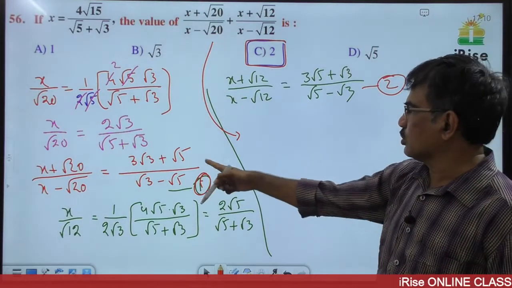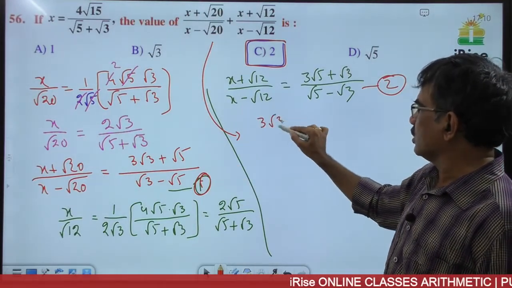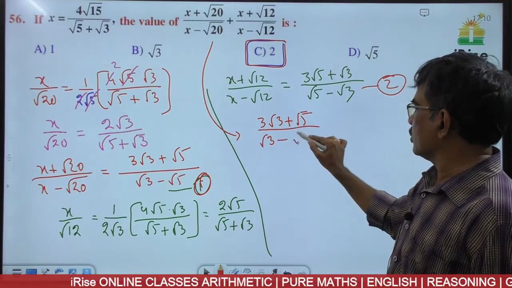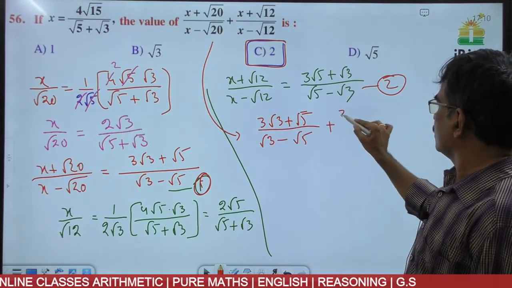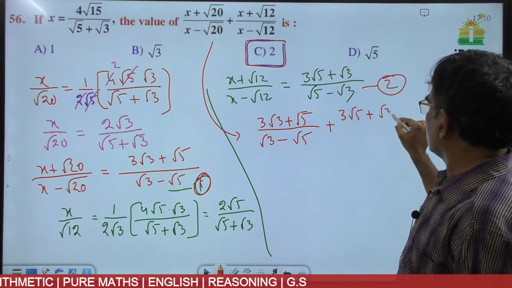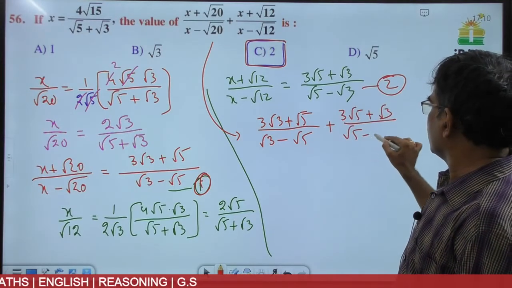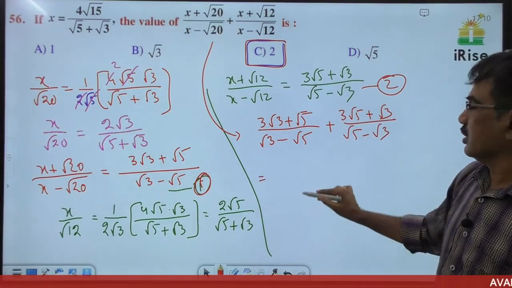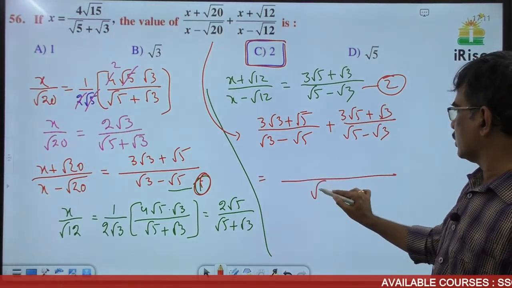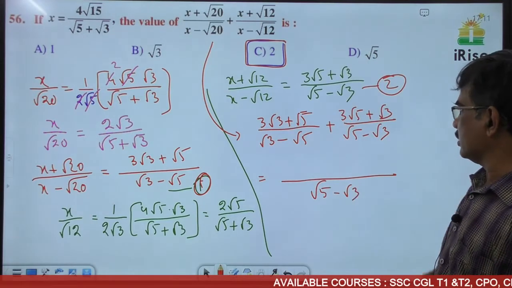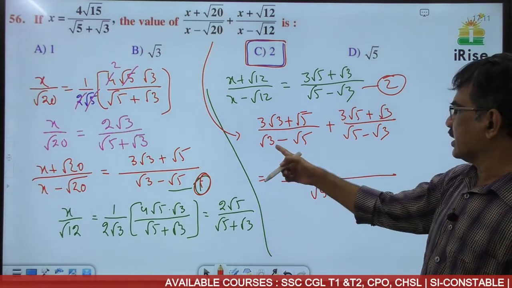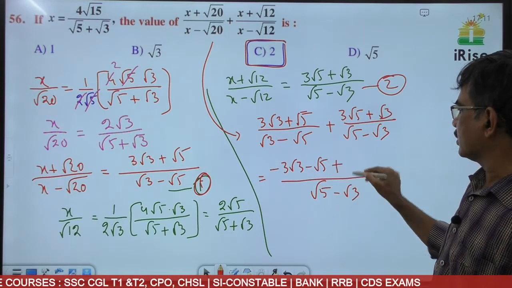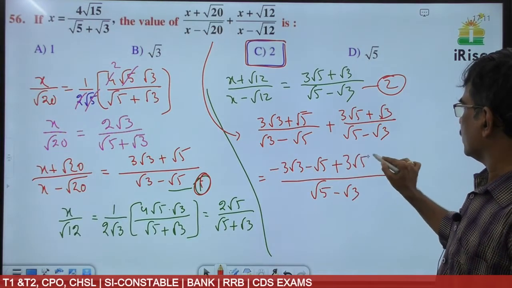So x plus root 20 by x minus root 20, that is 3 root 3 plus root 5 by root 3 minus root 5, plus 3 root 5 plus root 3 by root 5 minus root 3, is equal to how much? Here I want to write the denominator as root 5 minus root 3. Taking minus common, you get minus 3 root 3 minus root 5 plus 3 root 5 plus root 3.